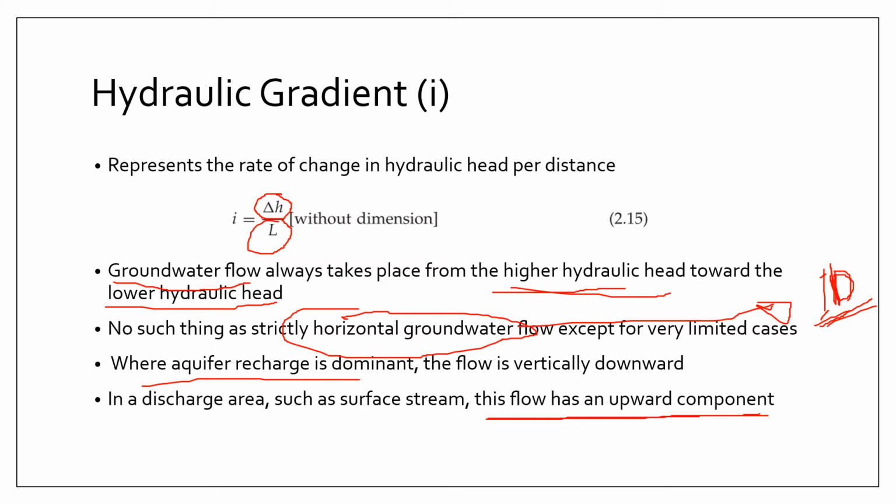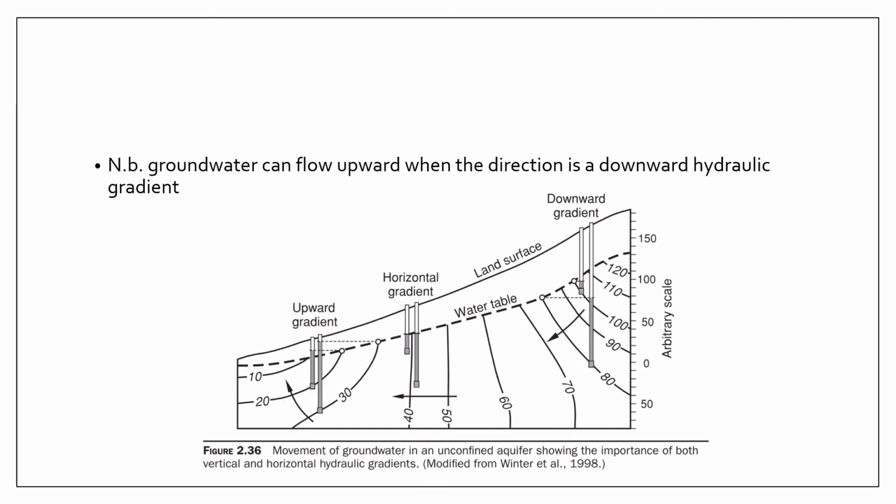Groundwater flow is always dictated by the change in hydraulic head. There are cases where your groundwater can actually move upward in terms of elevation. As long as the hydraulic head allows your groundwater to move upward, it can move upward.